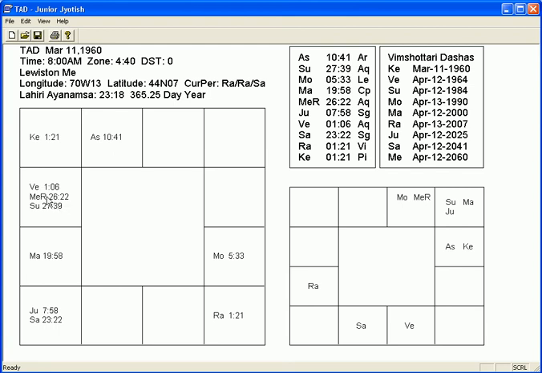Now, if we look here in the chart, we see that the planets Mercury and Sun are within a few degrees and a few minutes of each other. This condition is called combust.